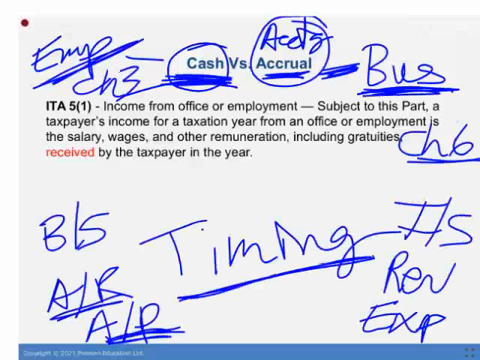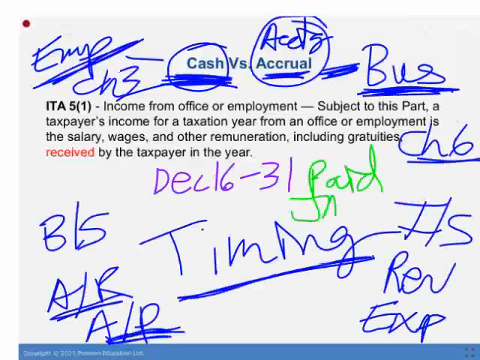So here's an example. In other words, if you're an employee and you work, we're always trying to get a cutoff, right? Because everything is to December 31st. So if you're an employee and you work from, say, December 16th to December 31st, but then you get paid on, say, January 4th of the following year. So say this is 2022, and this is 2021.